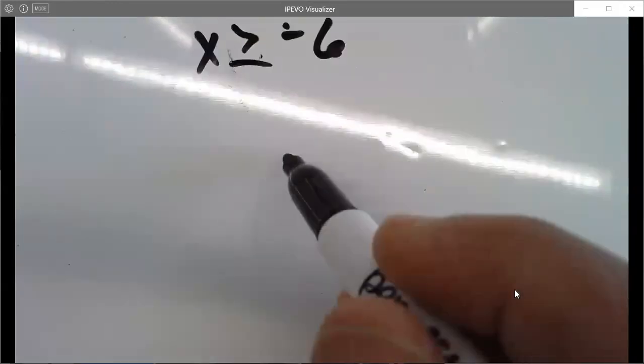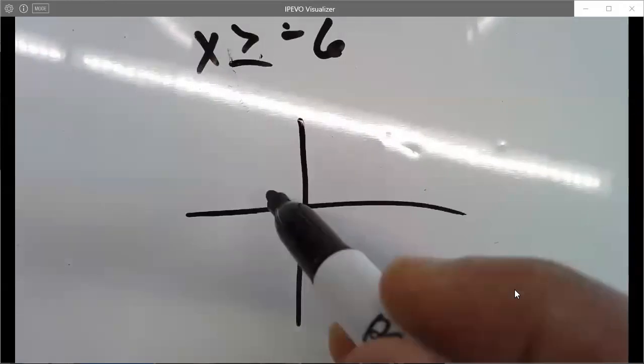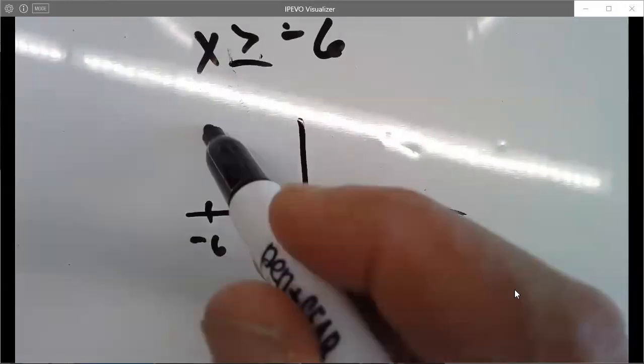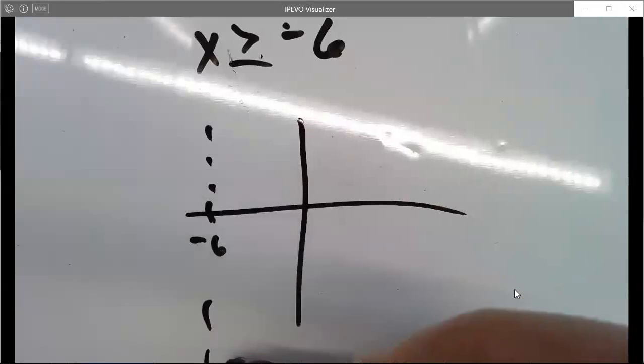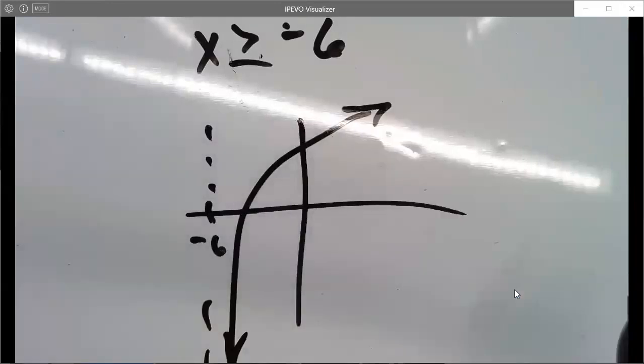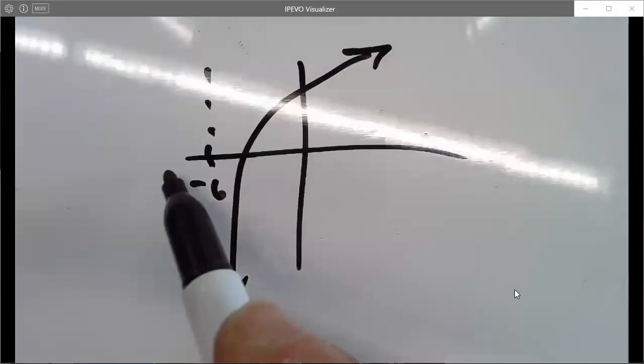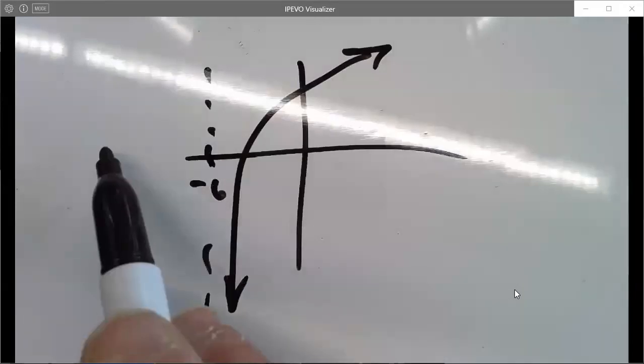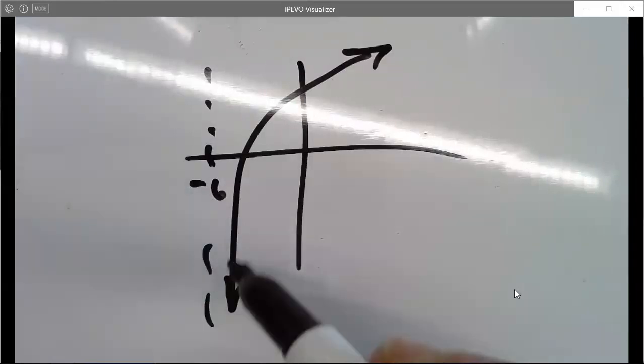So graphically, at negative 6, the graph is going to look something like this. So anything more negative than negative 6 is undefined. It's outside of this curve.